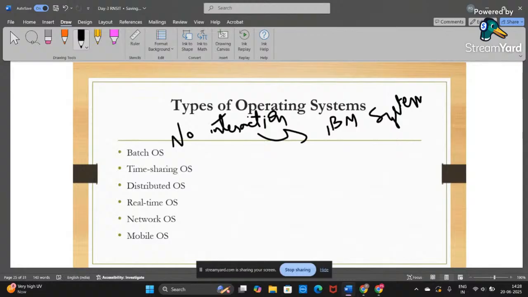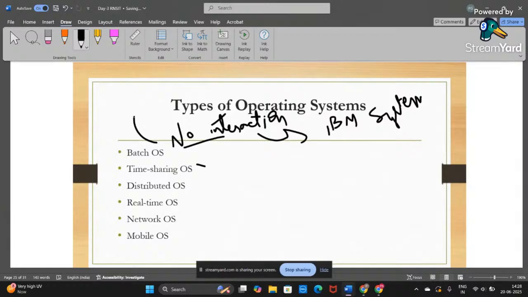Time sharing OS. In the first one there is no interaction, but here it enables multiple users to use the system simultaneously. See, this is different.